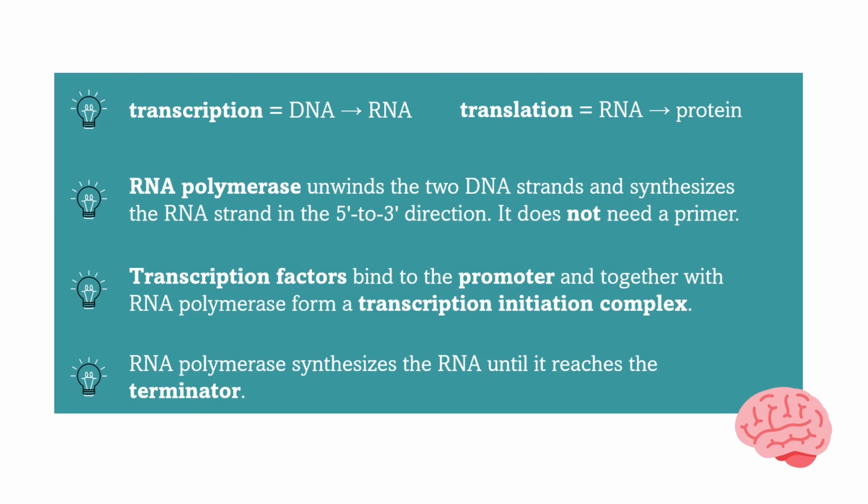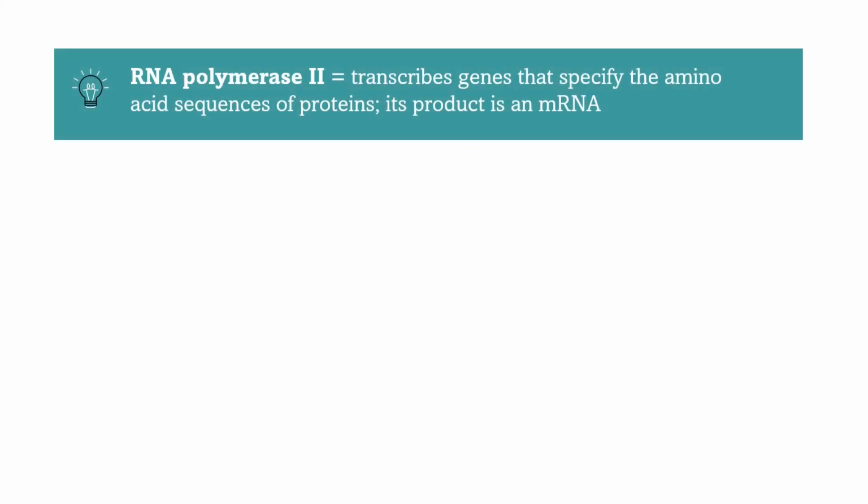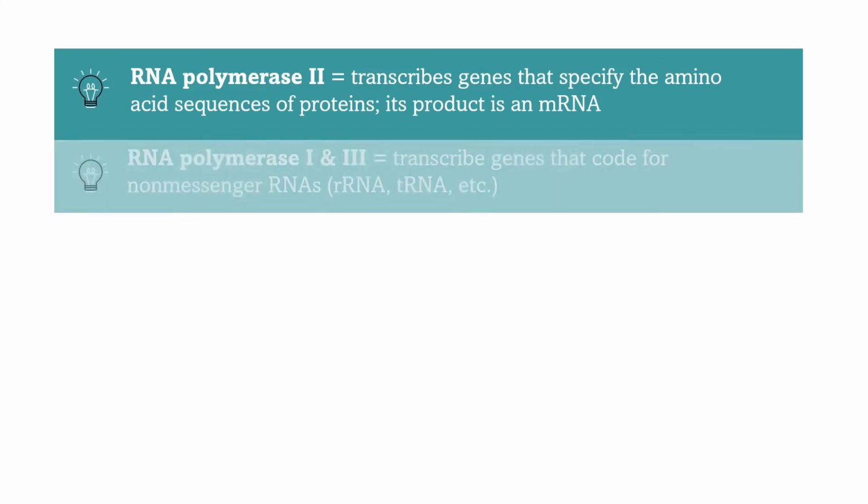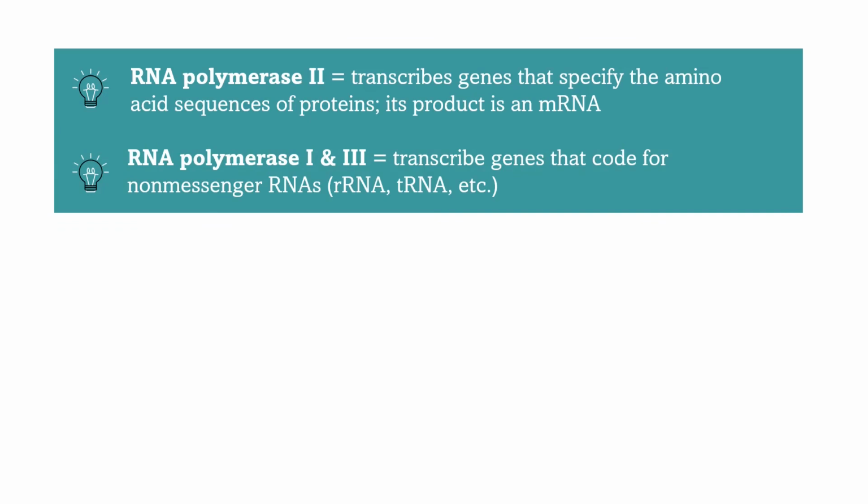We also said that we have different types of RNA polymerase. There's RNA polymerase II, which transcribes genes that specify the amino acid sequences of proteins, and the product of transcribing these genes is an mRNA. Then there is RNA polymerase I and RNA polymerase III that transcribe genes that code for non-messenger RNAs.